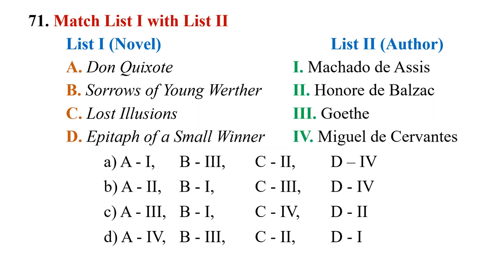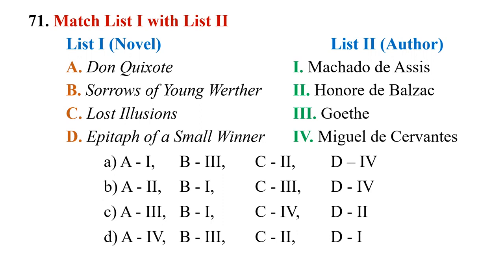Then C, Lost Illusions, against which we have 3, Goethe. Then D, Epitaph of a Small Winner, against which we have 4, Miguel de Cervantes. So on one side we have list 1 novels, list 2 we have authors. So we have these options.